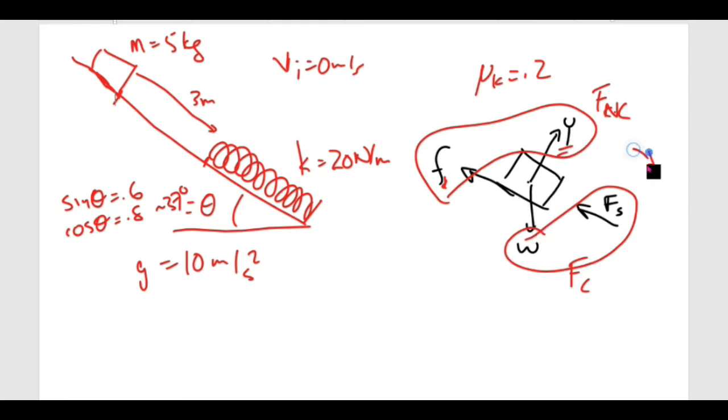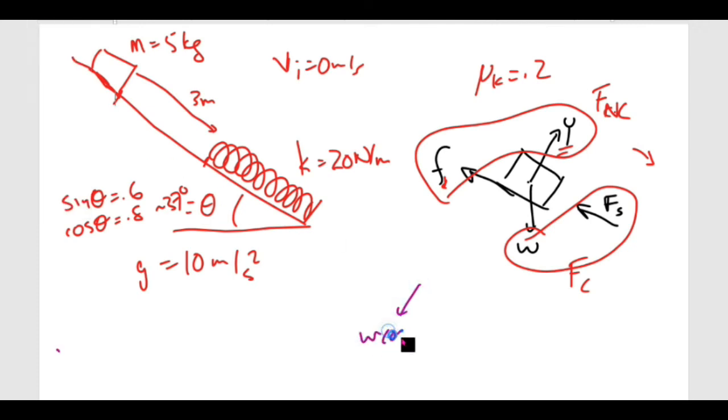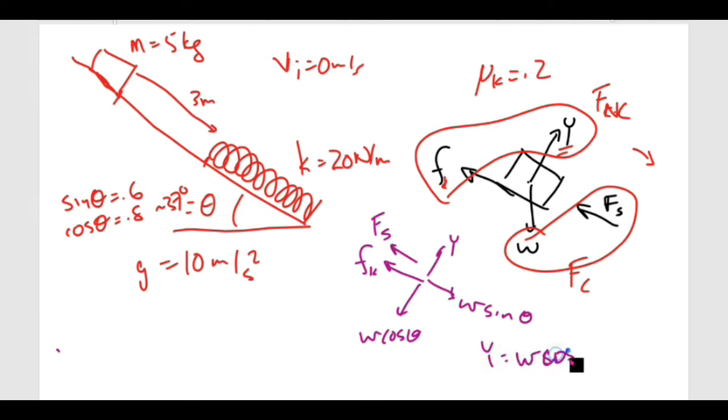I know acceleration is going to be down the ramp, and therefore there's no acceleration perpendicular to the ramp. So I'm breaking weight up, as we have done many times. So we have W cosine theta, W sine theta, normal force, friction, and at some point we have the force from the spring. Bottom line is the magnitude of the normal force is going to be equal to W cosine of theta.